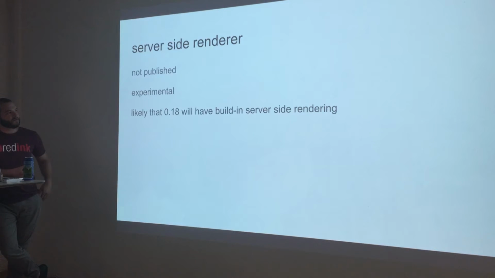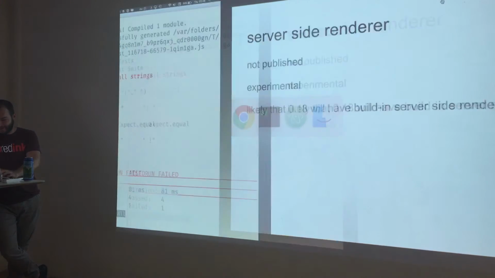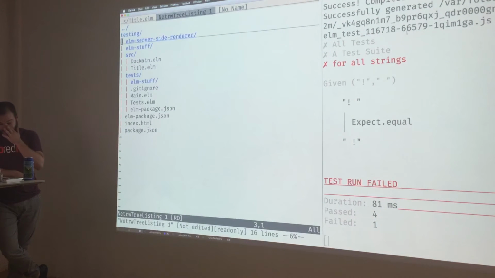I think it will come, but until then we have to use Elm server-side render, and we actually don't use it at NoRedink. We have something similar, which I think Noah also implemented. But I think for now it's a nice tool to have for testing, and maybe you have a use case for that.